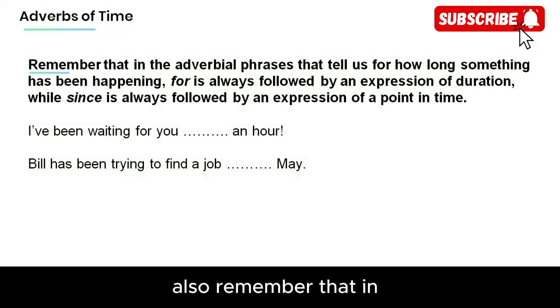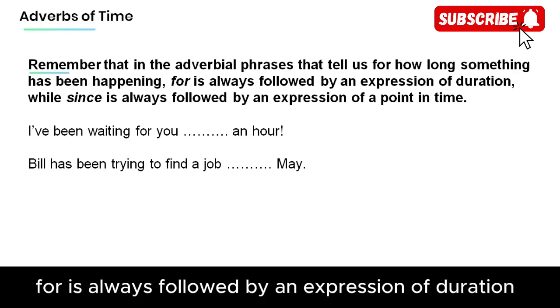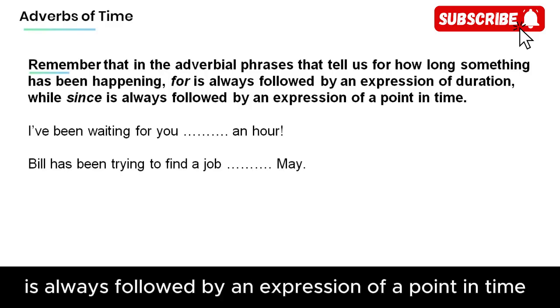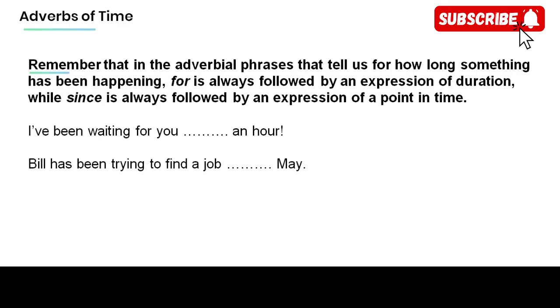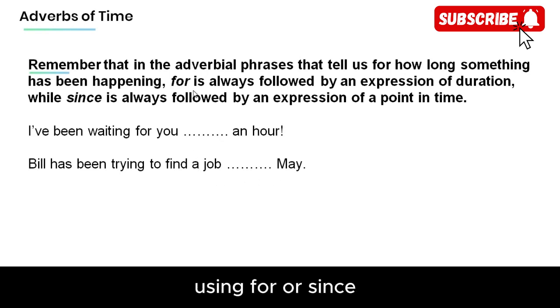Also, remember that in the adverbial phrases that tell us for how long something has been happening, for is always followed by an expression of duration, while since is always followed by an expression of a point in time. Now read the following sentences and fill in the blanks using for or since.